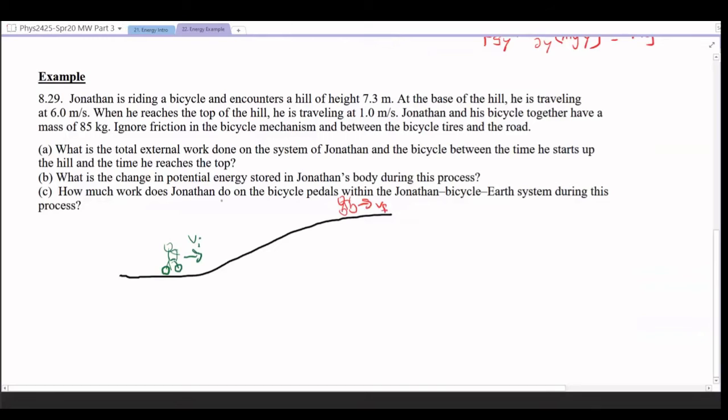And as part of the process of getting from the beginning to the end, we're going to have some force of static friction that's going to propel the bike up the hill.